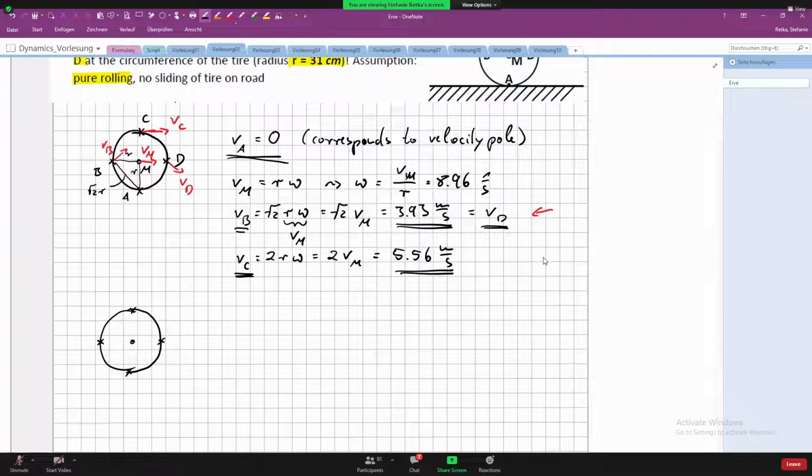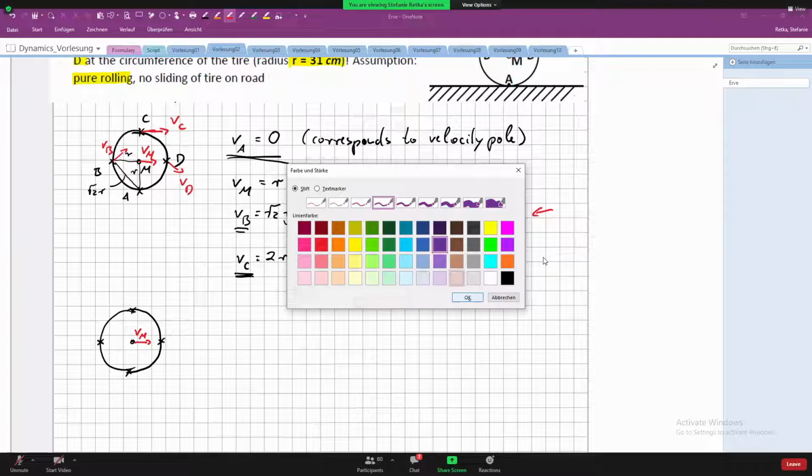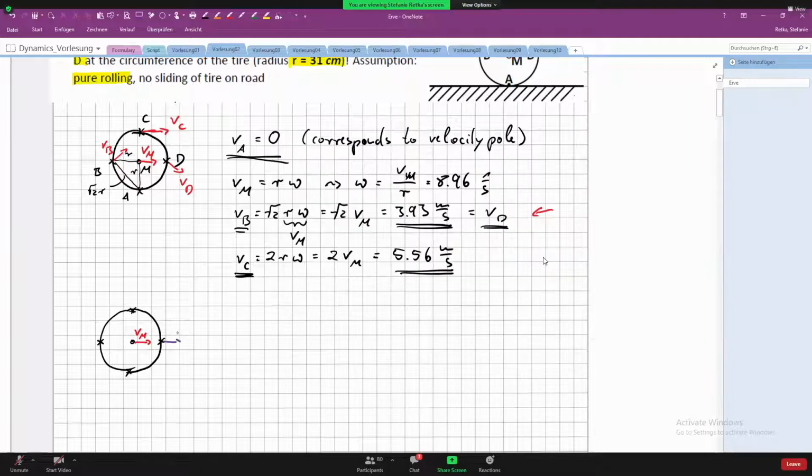Now, again, we do know that we have the velocity Vm here. That's what we know. And now in our general approach, we will say any other point on this object moves translationally like our center of gravity. So we have Vm, Vm, Vm, Vm.